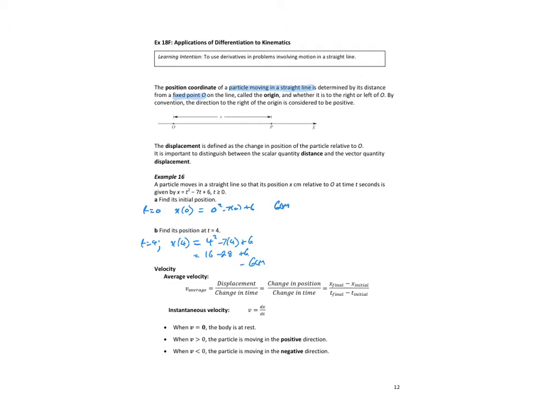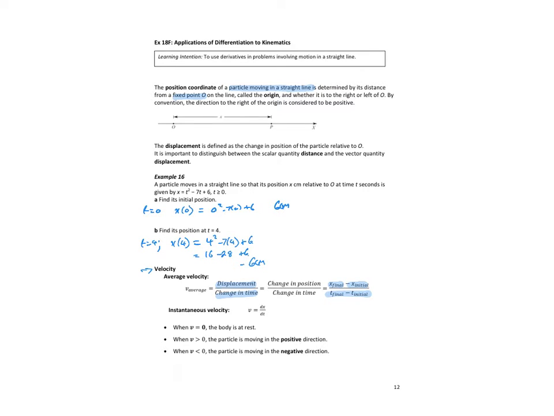Let's talk about some other terms. So there's my displacement. My velocity, or my average velocity, is the change in the displacement over the change in time. Notice that it's the change in displacement, which means where I finished to where I started, over the time it's taken me to do that.